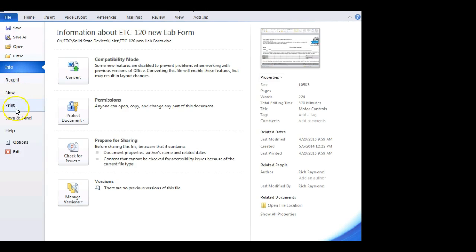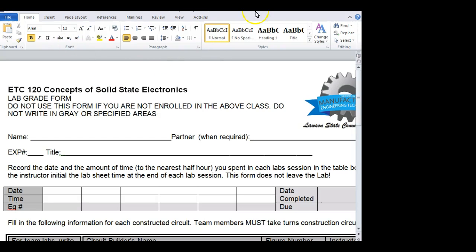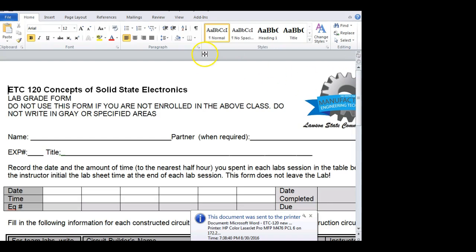Then I'll run them on the copy machine for the next class. 1, 2, 3, 4, 5, 6. Thought we had 7 in this class. Huh? There is 7? Oh. Okay. So somebody's going to be by themselves. Y'all figure out who that's going to be.